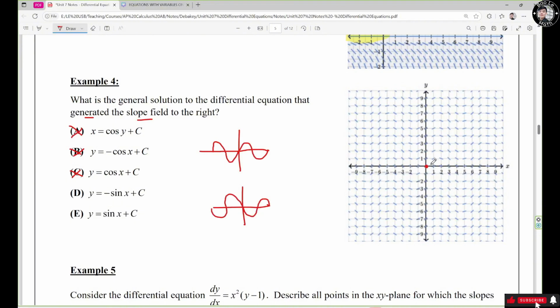Alright, so you look at this one, we just follow the flow. So it could be something like this. Alright, so the answer must be E.